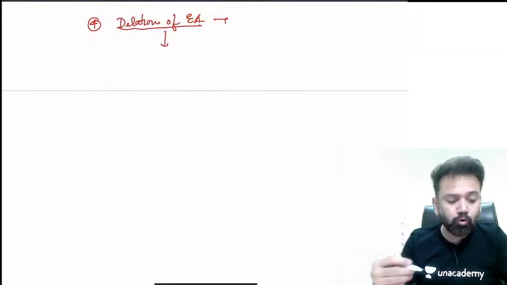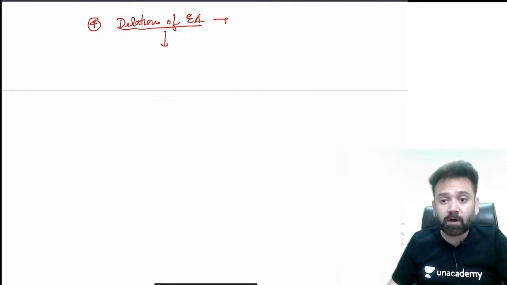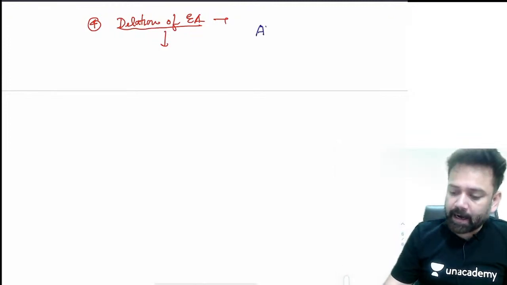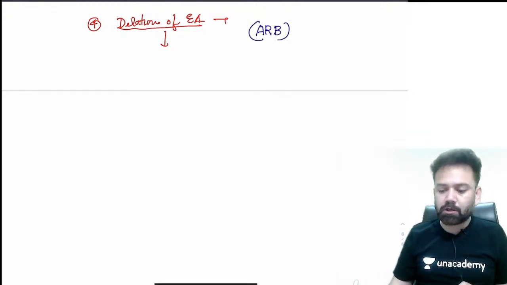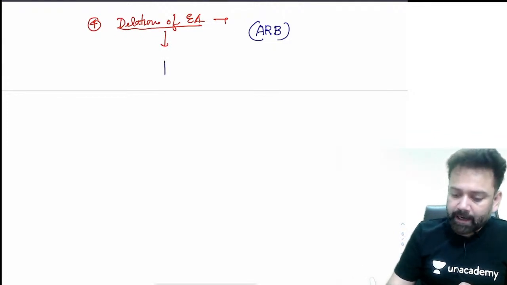You know that constriction was because of angiotensin II. So now it's very clear that ARBs, angiotensin receptor blockers, like telmisartan, olmesartan, all these sartans, will cause dilation of the efferent arteriole, and they will decrease GFR and increase renal plasma flow.